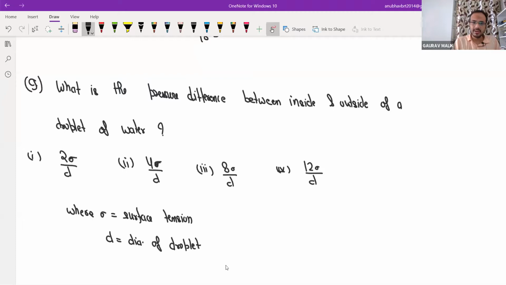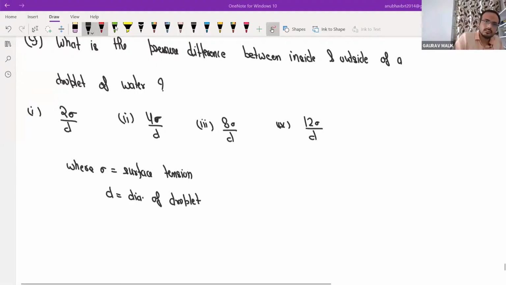Again, 1 mark, easy marks. Which one is correct? B is the correct answer. Very nice. Second is the correct answer.